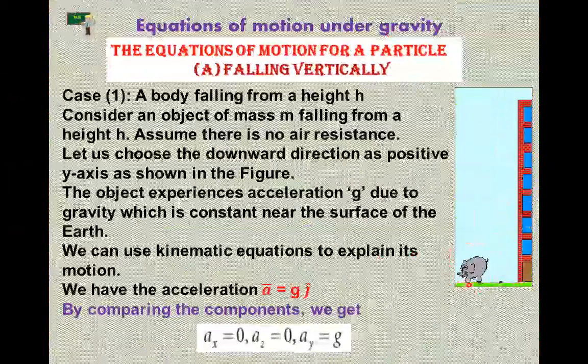We can use kinematic equations to explain its motion. We have acceleration vector a is equal to g j cap. By comparing the components, we get ax is equal to 0 and az is equal to 0, while ay is equal to g, because we take the downward direction as positive y axis.